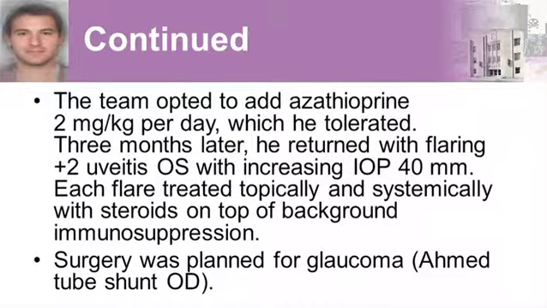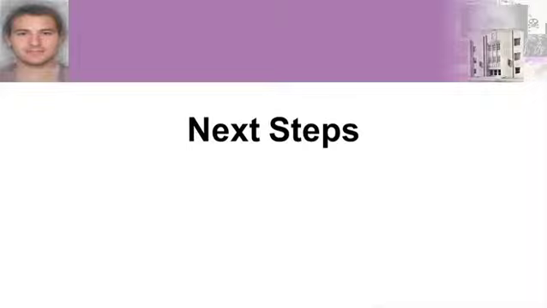Each time he's flaring, they're treating him topically and systemically with pulses of steroids, and they're planning to do some kind of glaucoma surgery, and I copied this verbatim from Wikipedia, the Ahmed tube shunt OD, but I actually forget what it is. So where are these guys heading here with this guy? Down the drain.